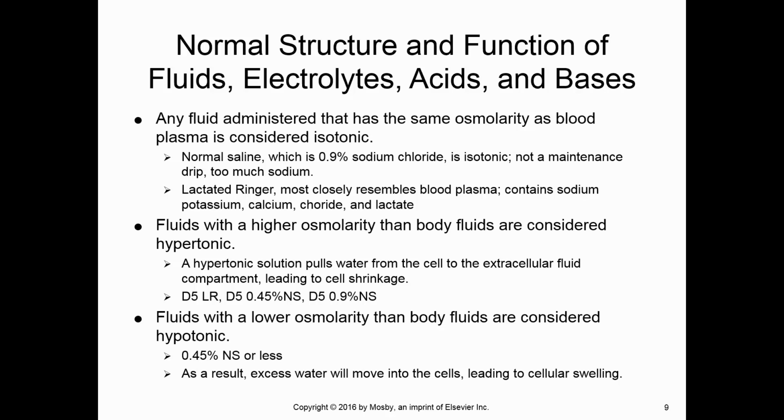Examples of those are the D5LR, D5 half normal saline, we call this half normal saline even though it's 0.45, or D5 normal saline. So they will pull water from the cell to the extracellular fluid compartment. So remember, we're putting this hypertonic solution in their vasculature.